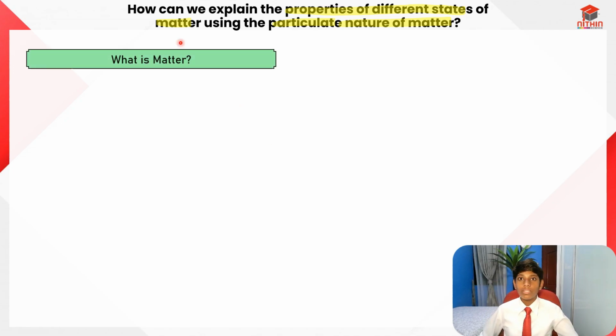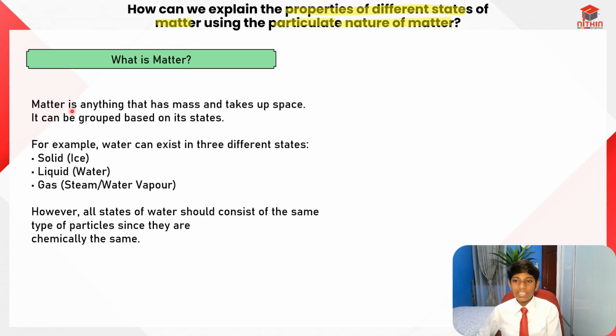First of all, let's take a look at what is matter. Matter is anything that has mass and takes up space. I hope you all remember this definition from primary school, because it is a really important definition that you're supposed to remember. If you don't remember, please go revise up on matter. It can be grouped based on its states.